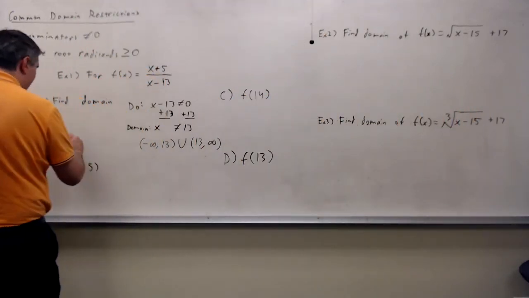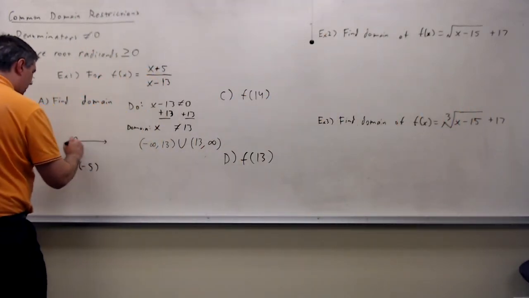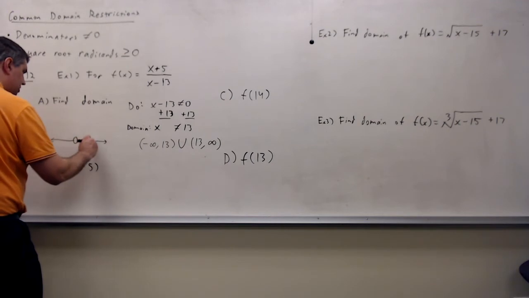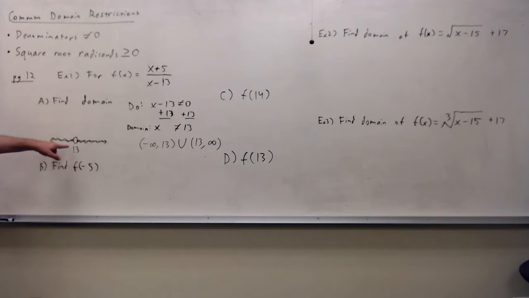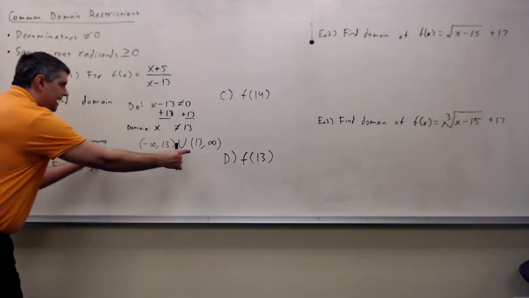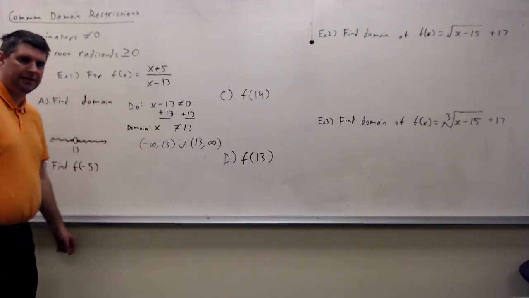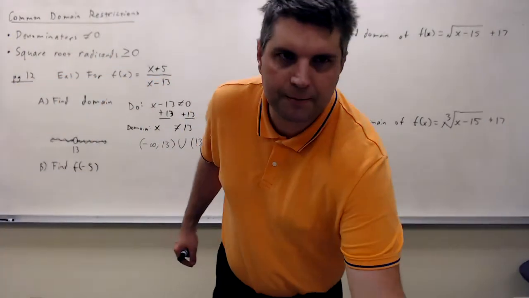Okay? Because interval notation has to describe this situation. Everything before 13 is included, everything after 13 is included, but 13 marks a hole. So this describes everything before 13 and everything after 13, but excludes 13.